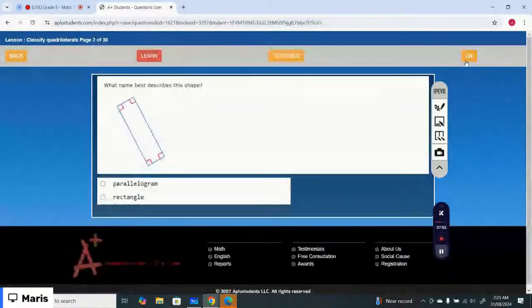What name best describes this shape? Which is the correct option? What name best describes the shape? Which is the correct option? Rectangle it is. Option number two is the correct option.